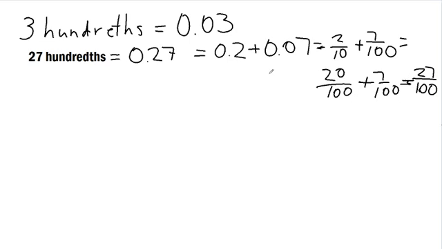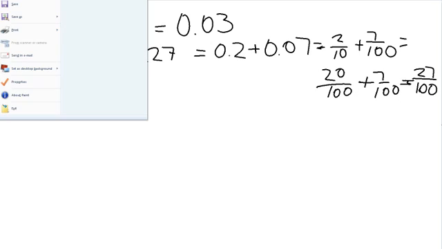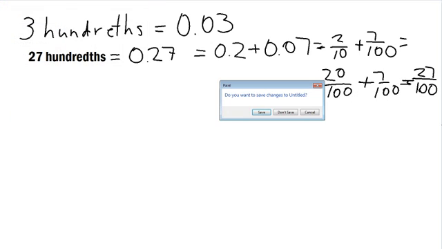Sometimes you might be asked to convert fractions into decimals. So you might be given a problem like 33/100ths as a fraction, and they might ask you to please write this as a decimal, and that is written as 0 and 33/100ths.